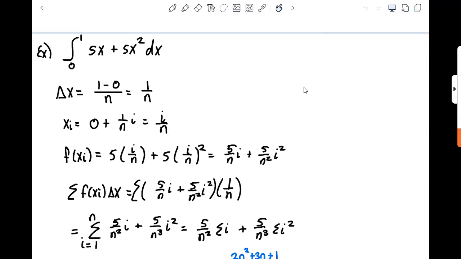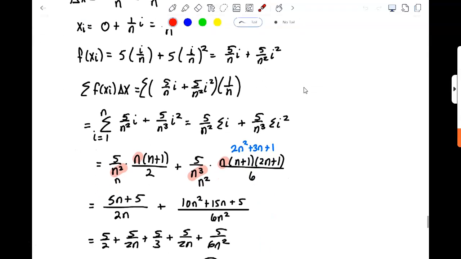Just to recall briefly, a long time ago, before we had the fundamental theorem of calculus, we would set up our sum by figuring out the width of our intervals, figuring out our values, putting them into our function, and multiplying by delta x. At the time, we were dealing with sums as we go from 1 to n.